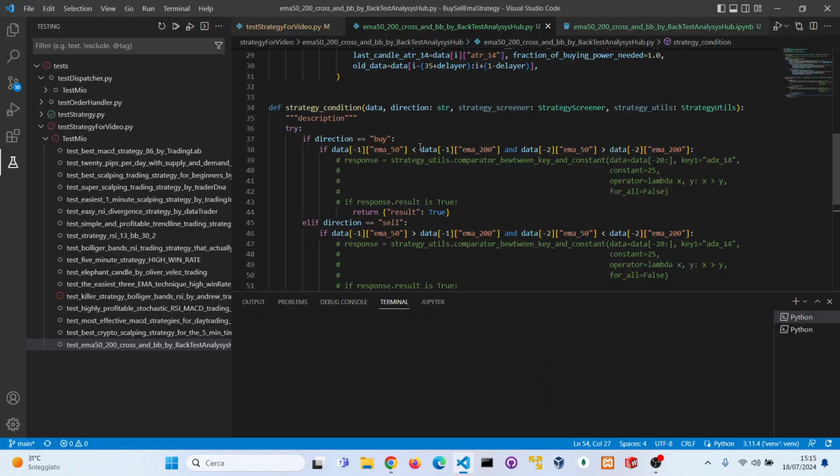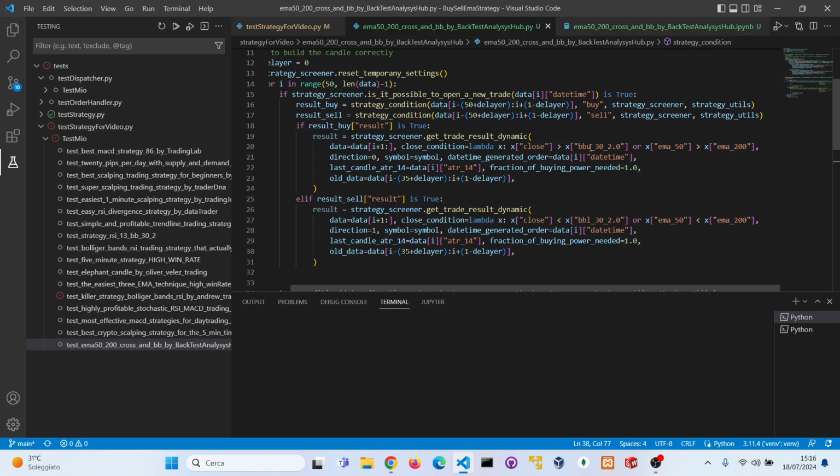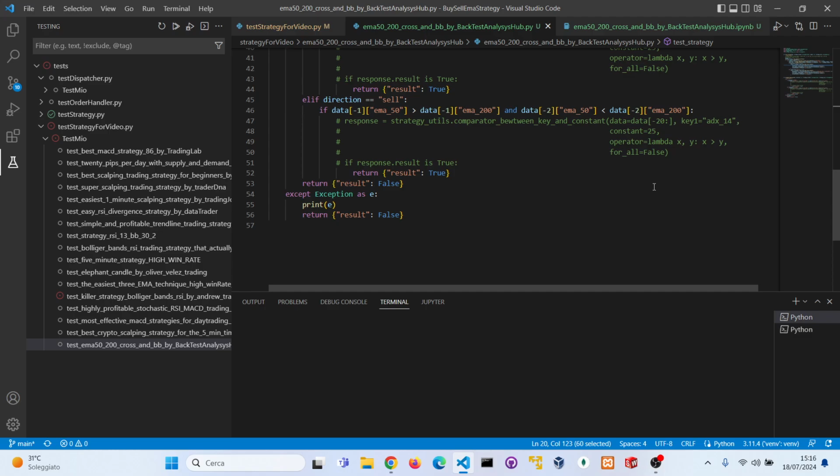So this was the code, and obviously these conditions are for long. So EMA50 below EMA200, but before EMA50 above EMA200. And the conditions for exit are the ones that I have told you before. And for the short position, they are the opposite.